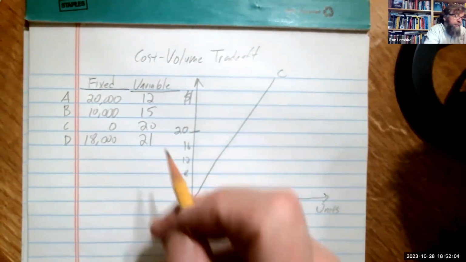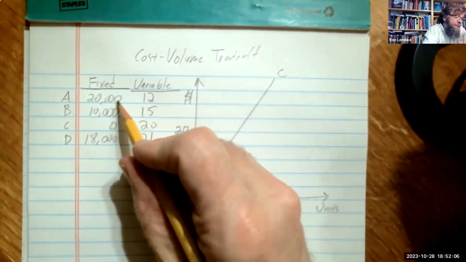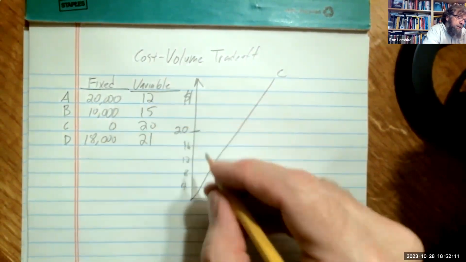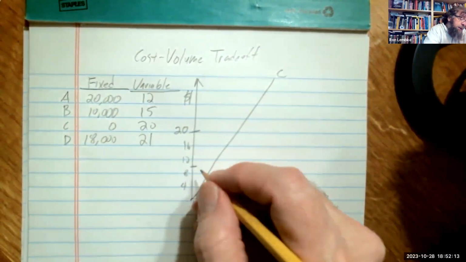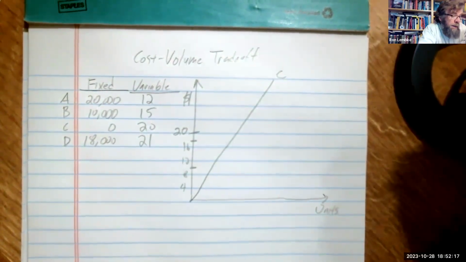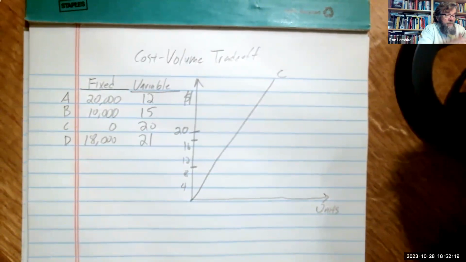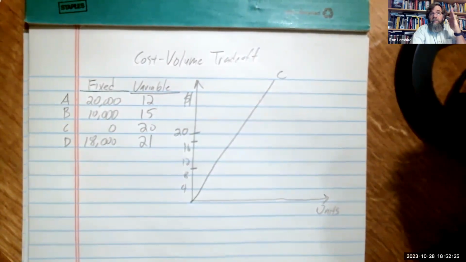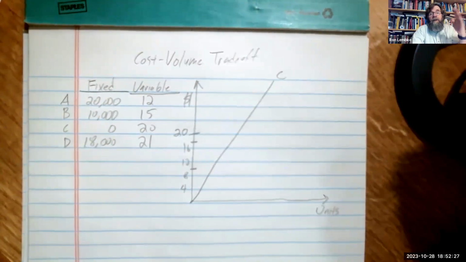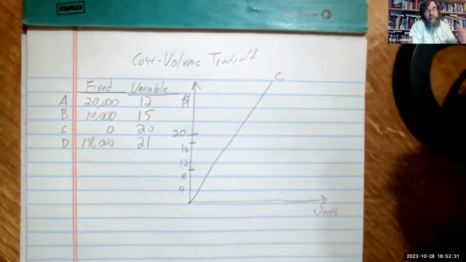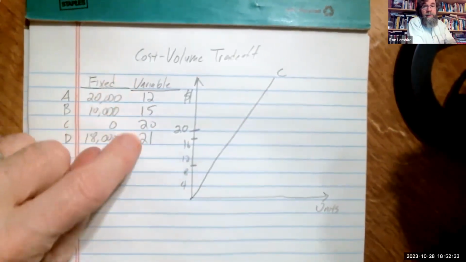And a fixed cost of 20,000 is one I need to draw, and then 10,000 is going to be there, and then 18,000 is going to be right there. Now we just need to draw them, and I'm not going to worry about the exact slope. I'm just going to pay attention to how steep they are, depending on which is the highest cost and the lowest cost, etc.